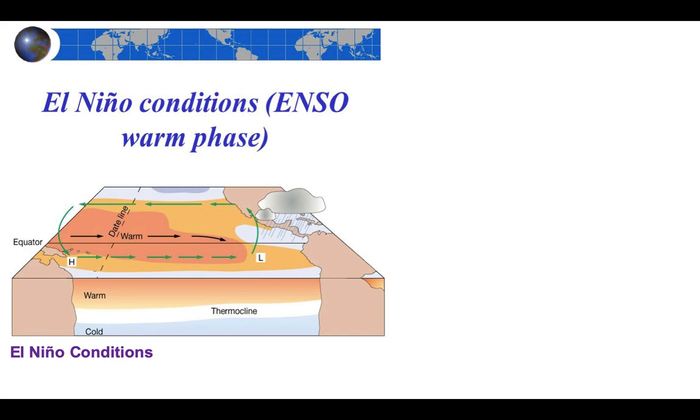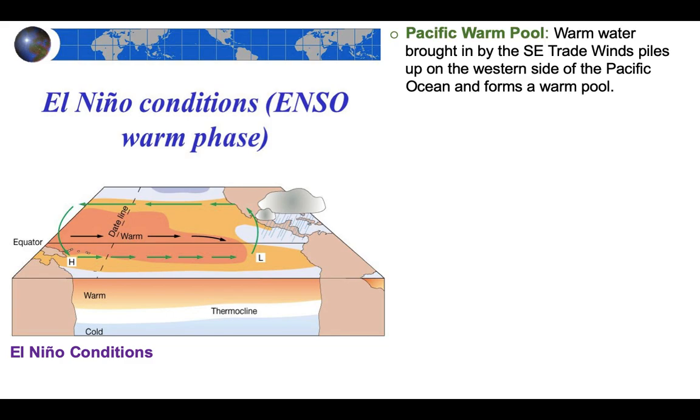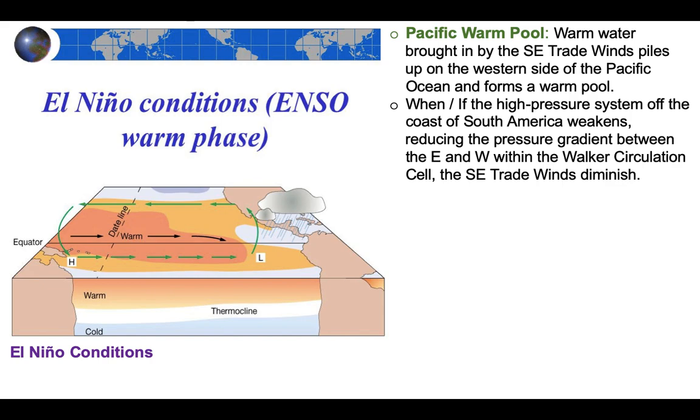But what happens when this atmospheric pressure system all of a sudden changes? Here is a diagram that shows the pressure systems we looked at earlier completely switched around. So we have the high pressure system sitting above the Australian subcontinent and Papua New Guinea in the western equatorial Pacific Ocean.